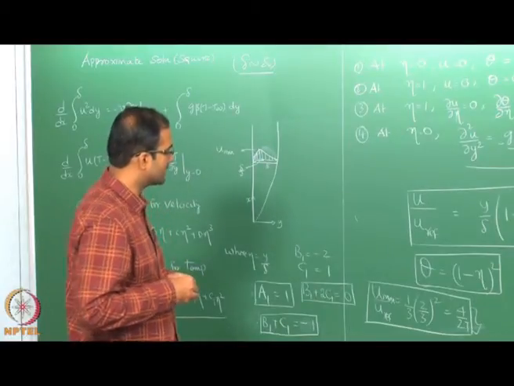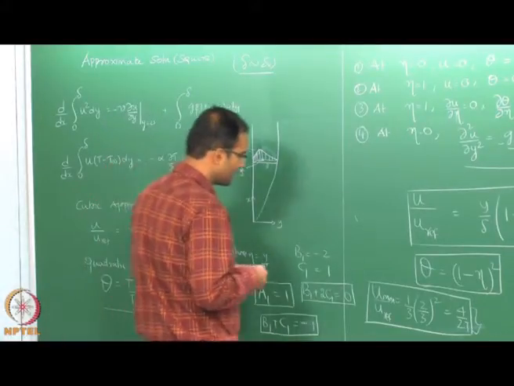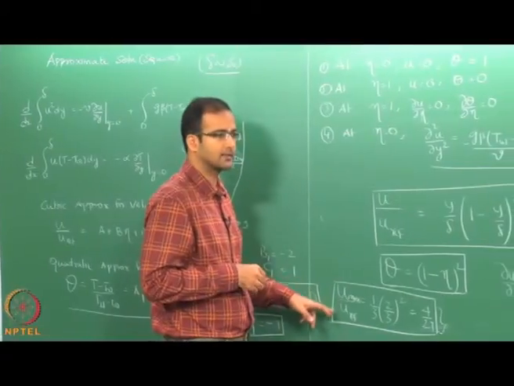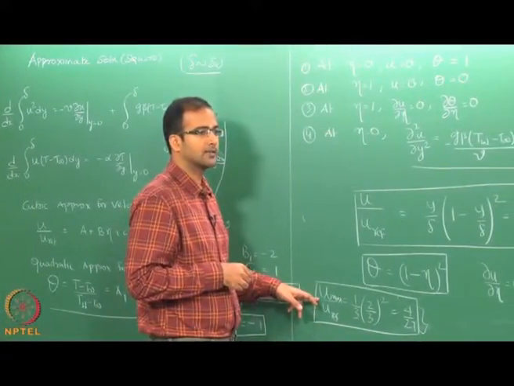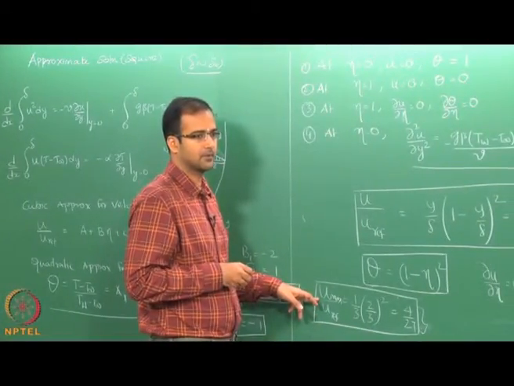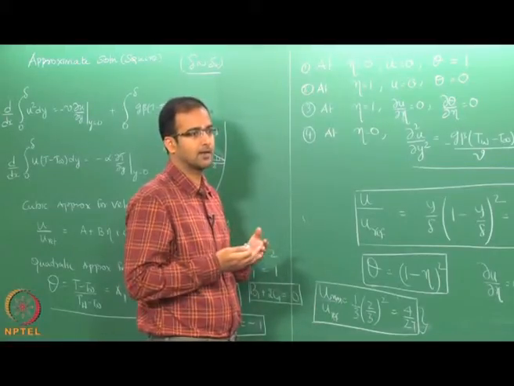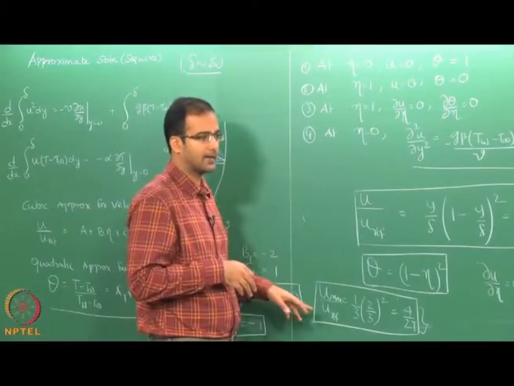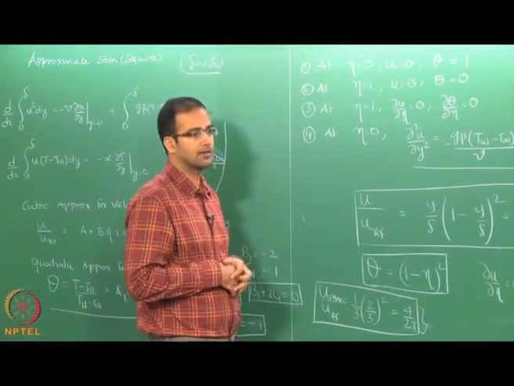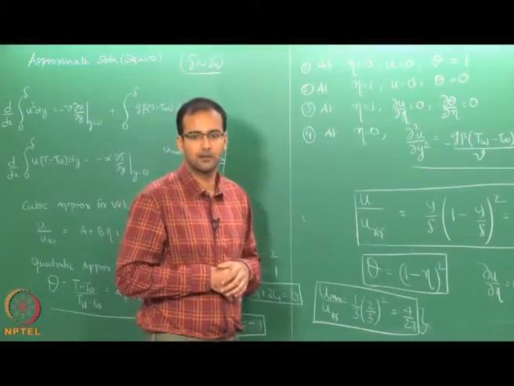But that does not matter, because once you relate your u reference to u max, you can always plot it on a physical diagram. You can always change the reference, use u by u max, and use the scaling factor to scale it. So it does not matter.